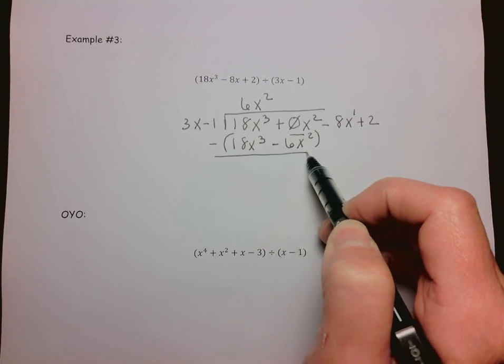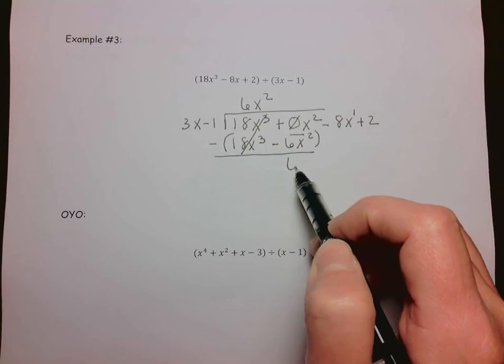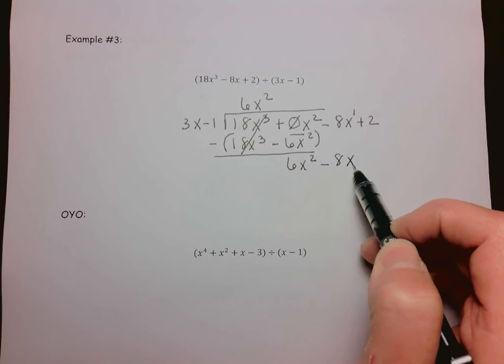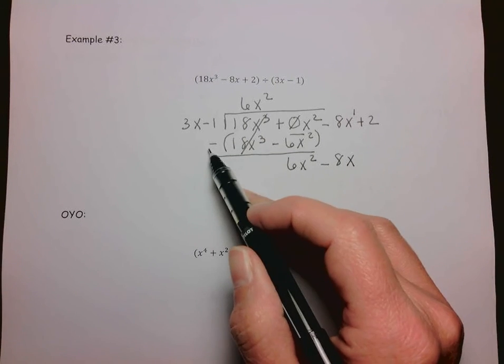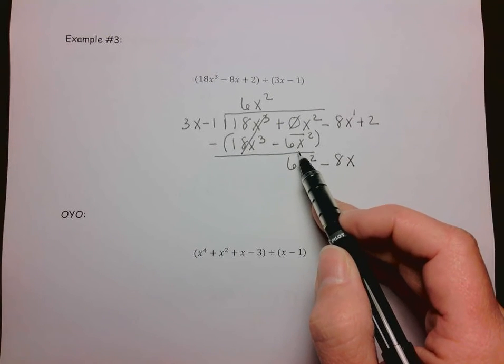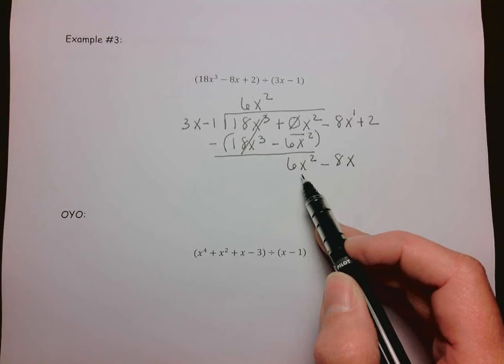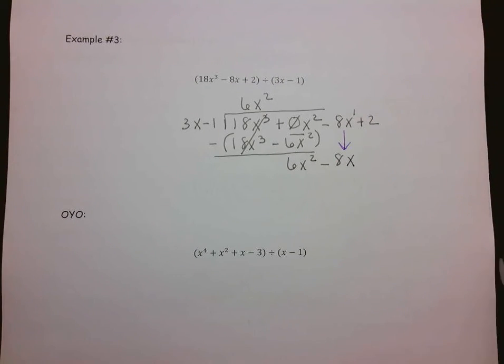So you can see now why this placeholder was very important. Don't mess up on your subtraction. It's 0 minus negative 6x squared, which is going to be a positive 6x squared. Bring down the next term and then start your process again.